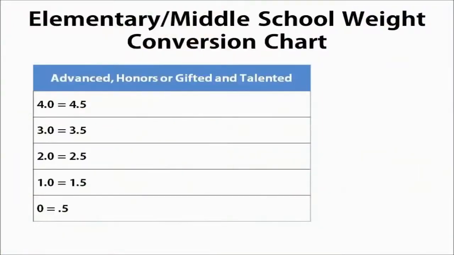To determine the correct conversion for a weighted class in elementary and middle school, please refer to the weight conversion table. Report cards must clearly reflect that a course is advanced, honors, or gifted and talented in order to receive the weight.